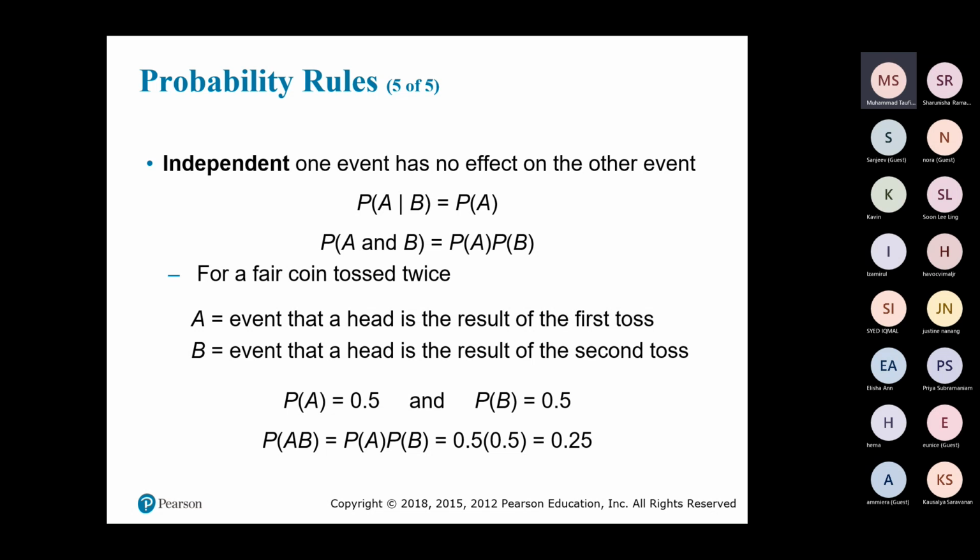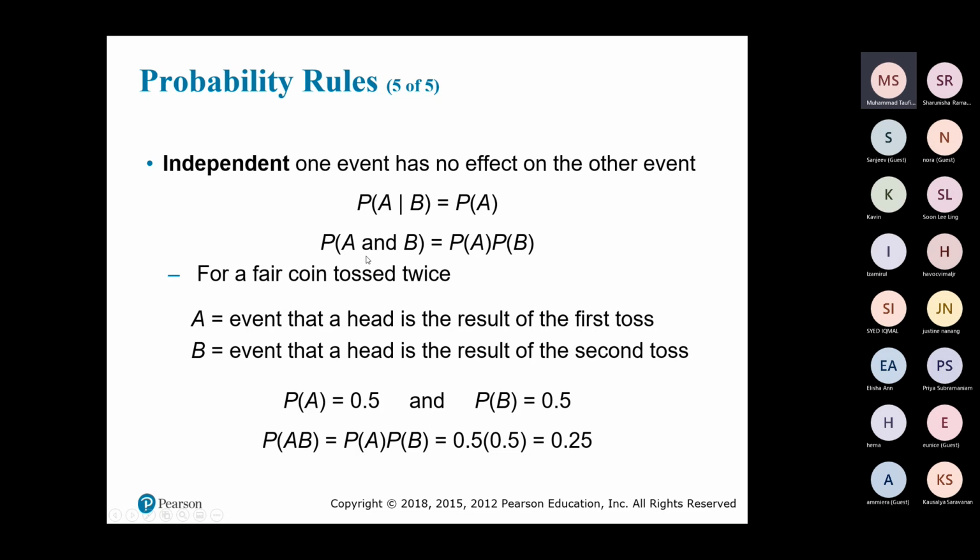Because event A will not affect event B. So the probability of you getting head on the second toss is still 1/2. So that is the meaning here. Whatever happened to event A or event B, the probability belongs to the event itself.